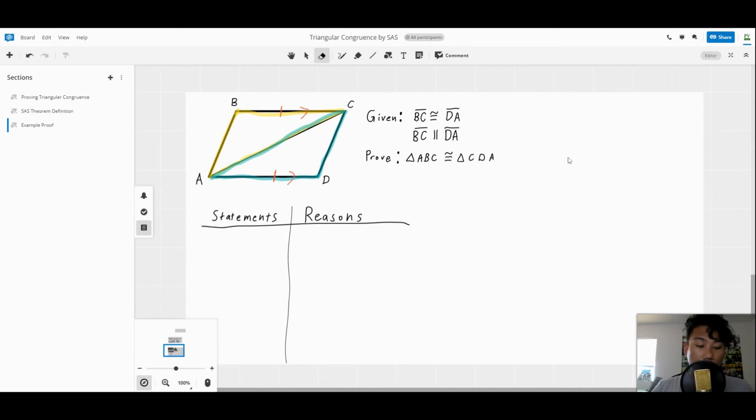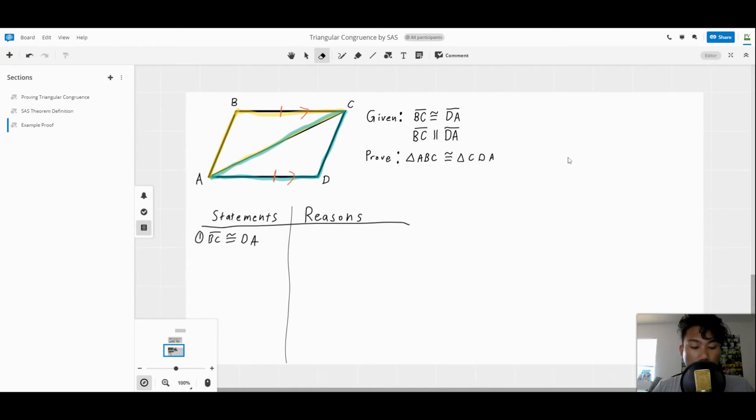Now we are being asked to prove that triangle ABC is congruent to triangle CDA. Right. So let's start with our table. And we'll begin by stating our givens. Right. So once again, our first statement would be that side BC is congruent to side DA.